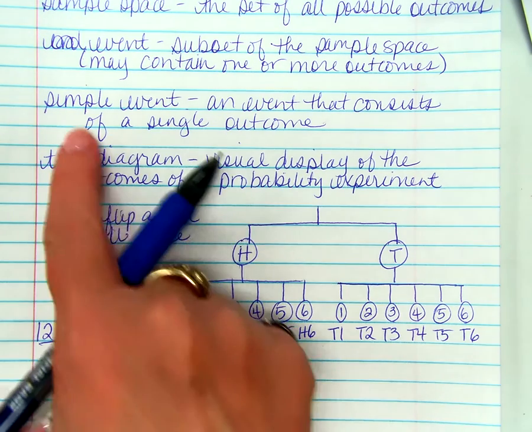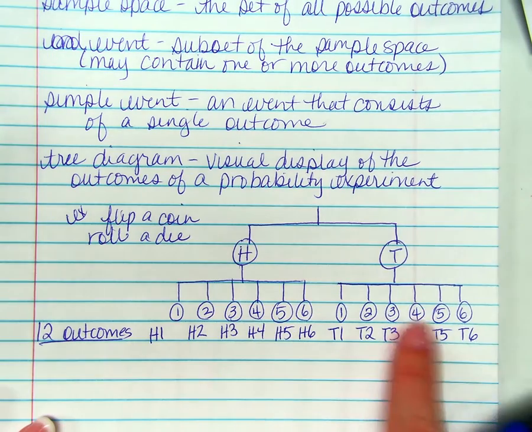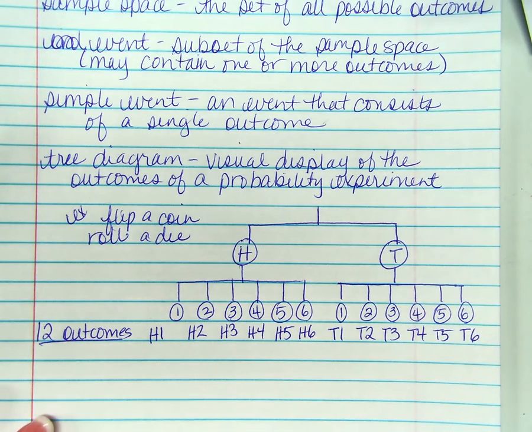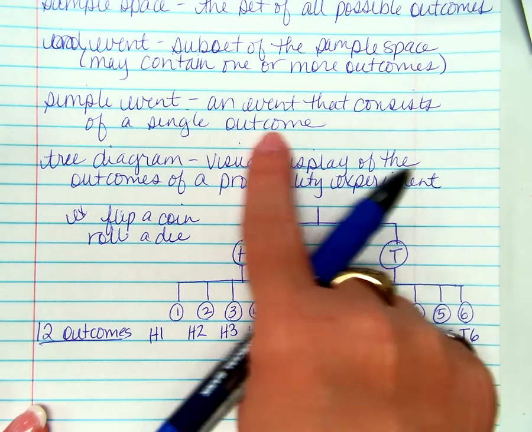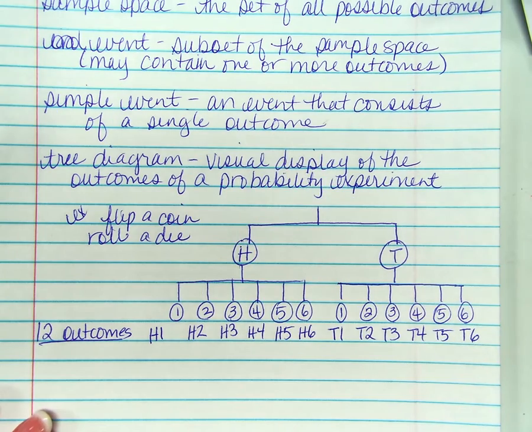So let me make sure you understand what a simple event is by using this tree diagram. Okay? If I toss a head and roll a 3, is that a simple event? Is that a single outcome? How many ways could I toss a head and roll a 3?